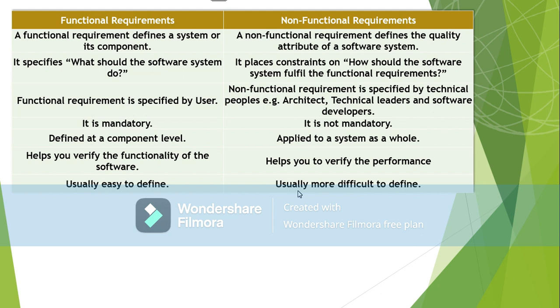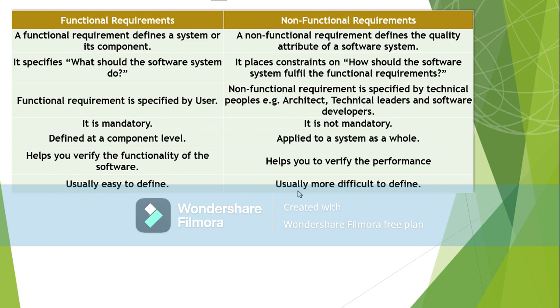It helps to verify the functionality of the software, that your software is doing what you expected to see. You want to see that you are able to send the mail. When you are able to see that, it means your functional requirement is met. When you write a mail and send it, it goes and you can see that somebody has received it, which means your requirement has been met.